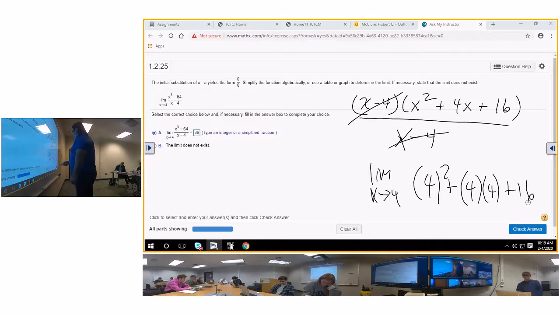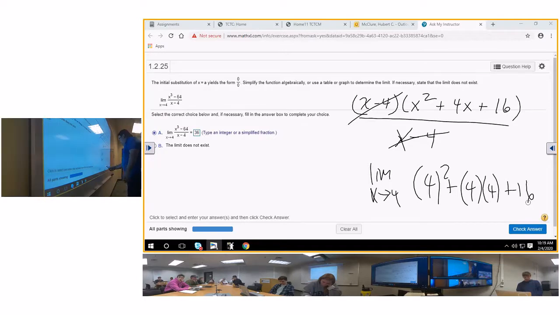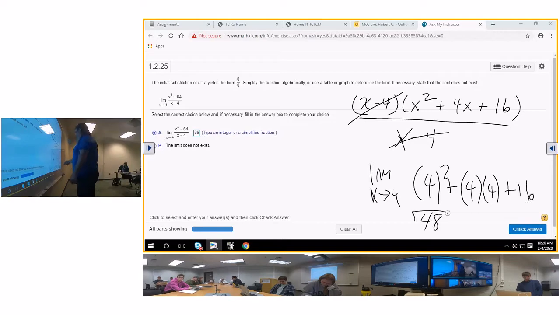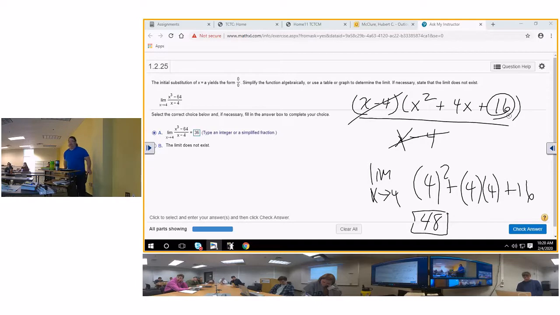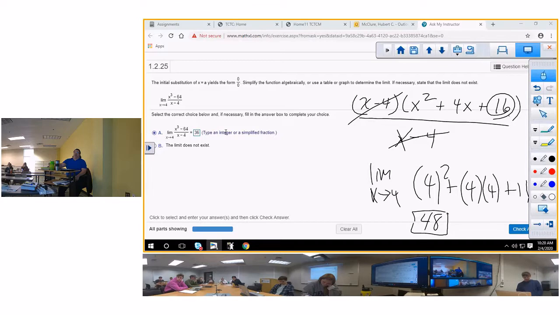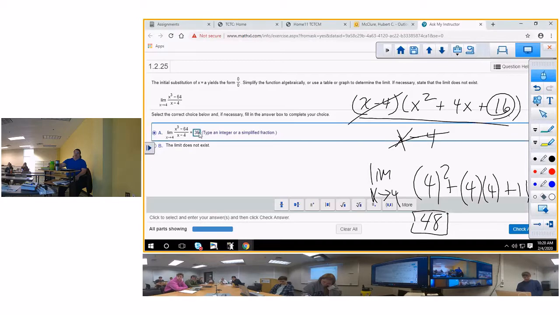Now somebody tell me what 32 plus 16 is. 48. There, that should be your answer. I forgot to square this right here. I said 4. Remember me telling you to always factor? That's why. Because you can't plug in zeros. Now, type in 48, and that should be the right answer.